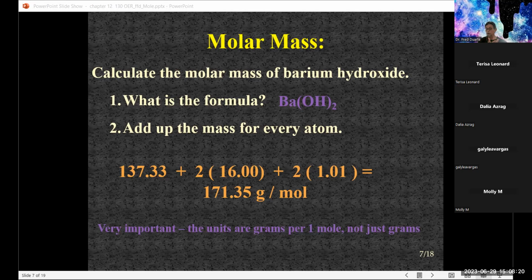What does 1 mole equate to? The 171.35? No. If you were to go to the lab and weigh out 171.35 grams on the balance, that would be equal to 1 mole of barium hydroxide. How many particles, how many compounds of barium hydroxide would I have if I weigh out 171.35 grams?